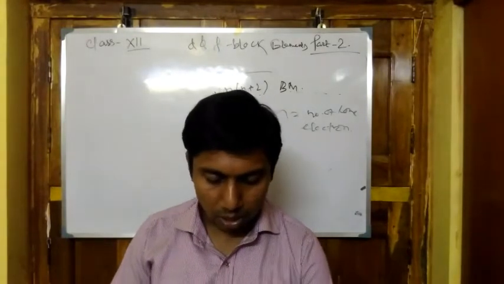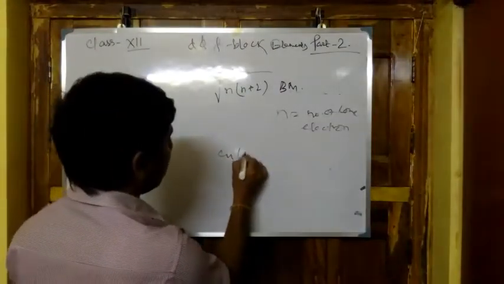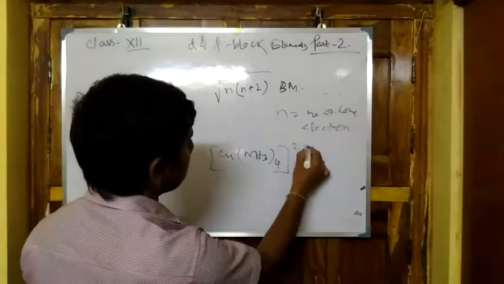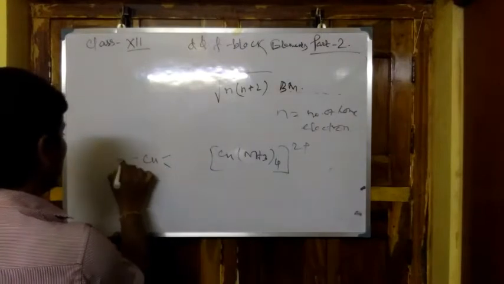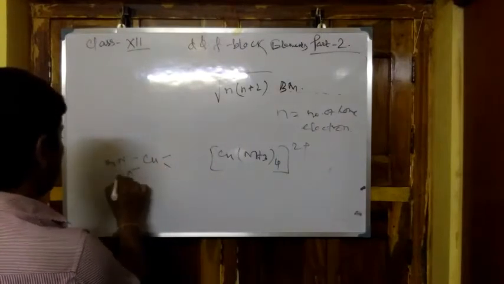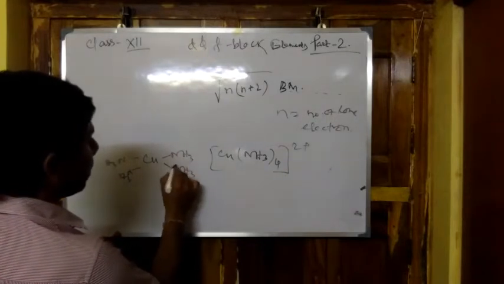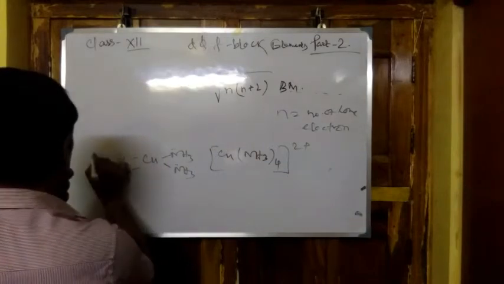For ammonia, compounds like Cu(NH3)4 2+, where 4 ammonia ligands make bonds with the copper.